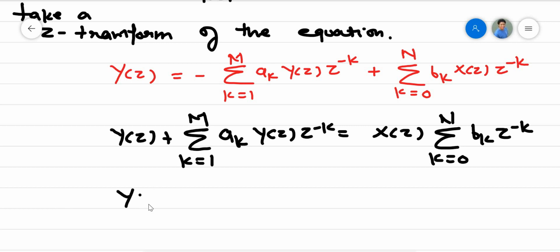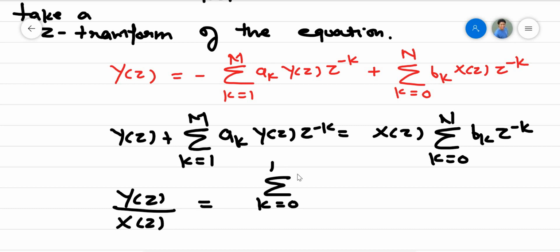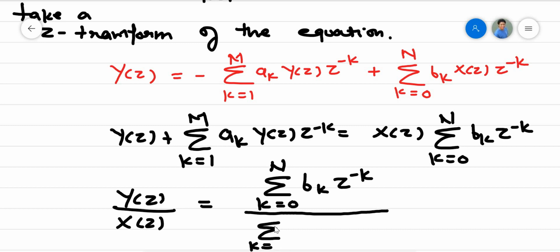We can take Y(z) common in this part and then put X(z) here. So our relation will come out like this: summation k equals 0 to N b_k z to the power minus k over 1 plus summation k equals 1 to M a_k z to the power minus k.